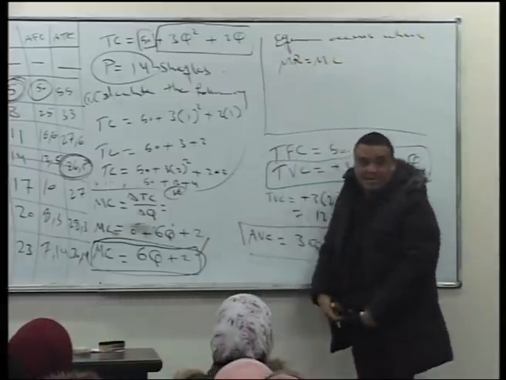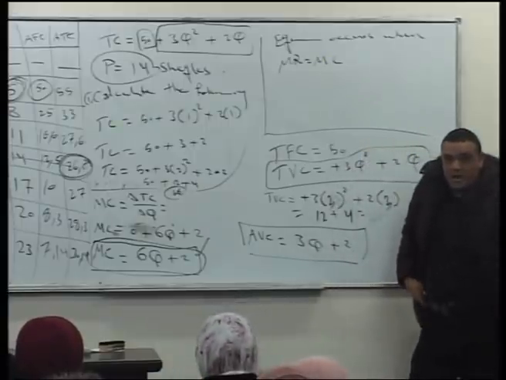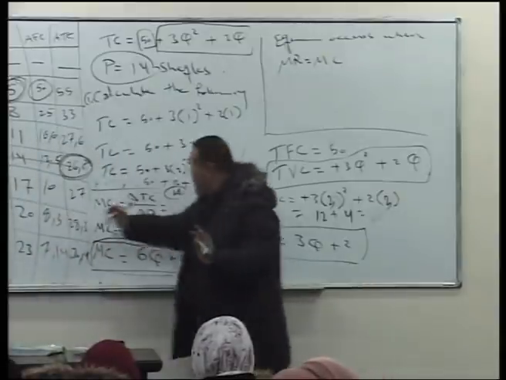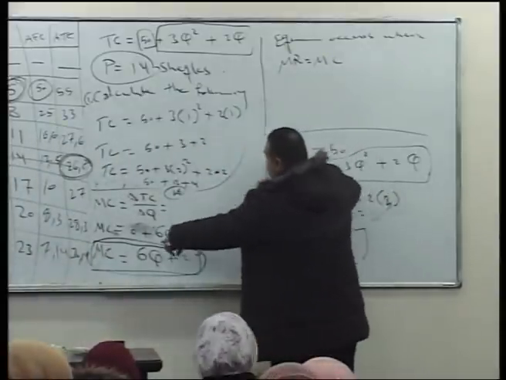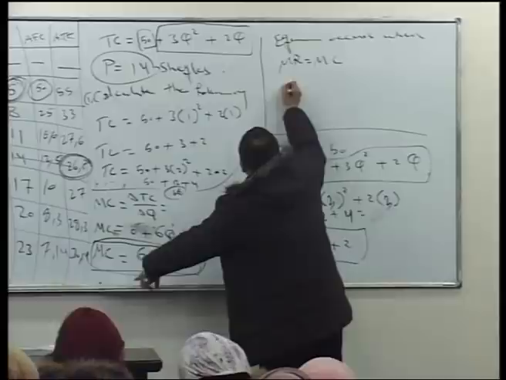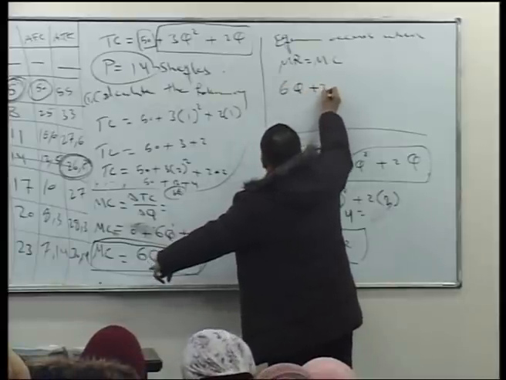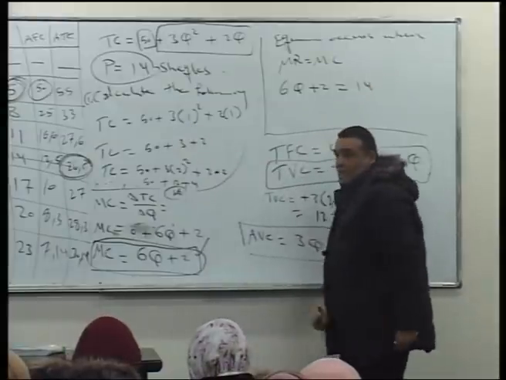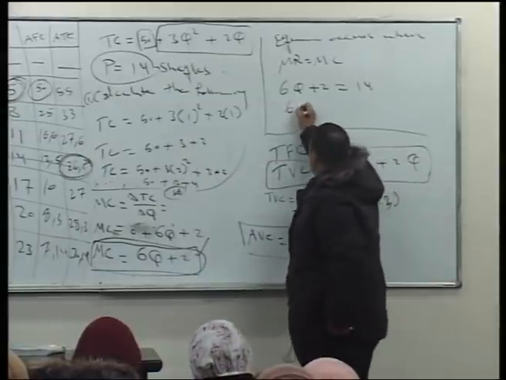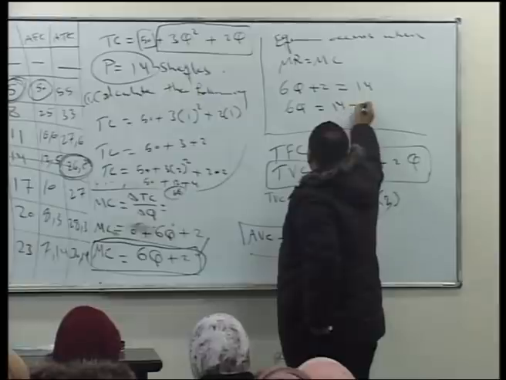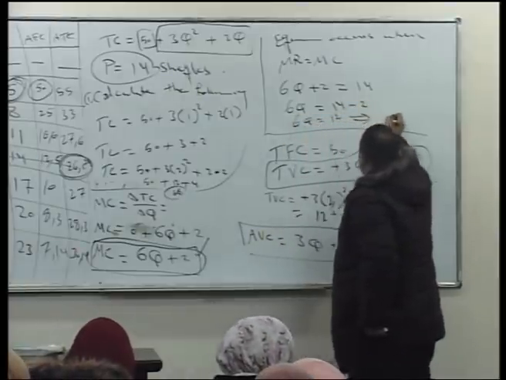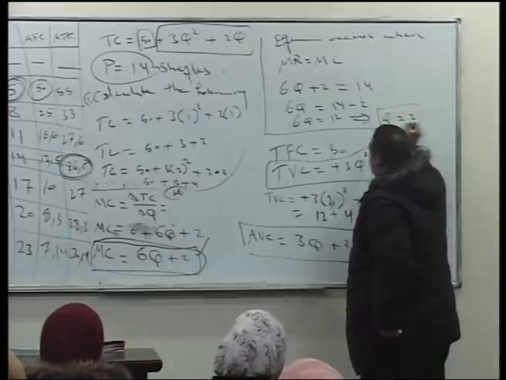The data here doesn't cover it. So MC, 6Q plus 2, equals MR, which is 14. So 6Q equals 14 minus 2, 6Q equals 12. Hence Q equals 2.